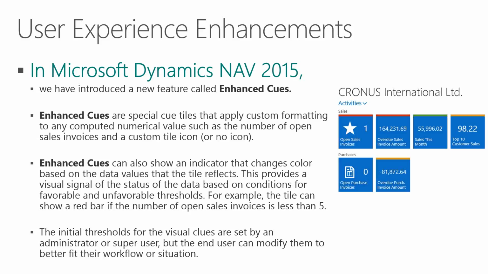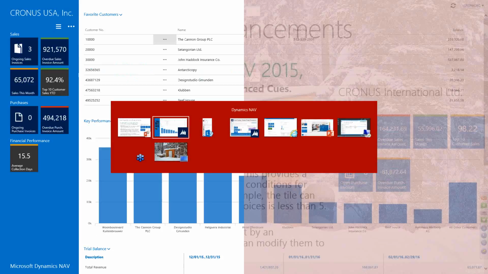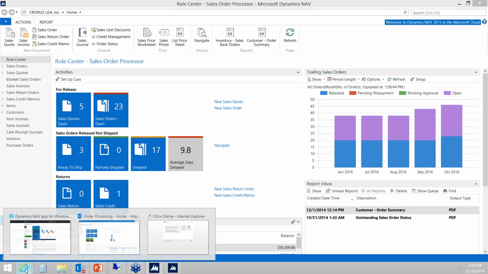These key performance indicators can be set at the customer level, and then each individual user that does a profile can overwrite the thresholds of the queue for what they specifically want to look at. Much like you can do with the personalizations in the role centers, you can do the same thing with the activity queues. So let's jump over and take a look at the web client in Dynamics NAV.